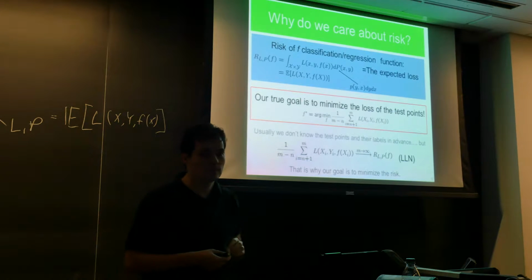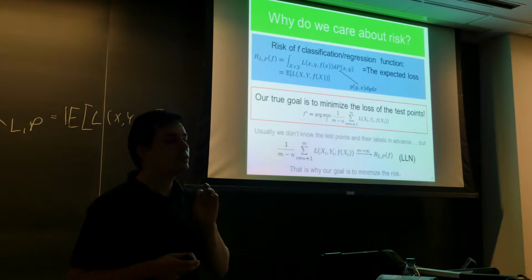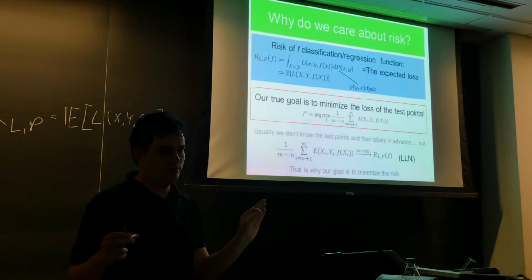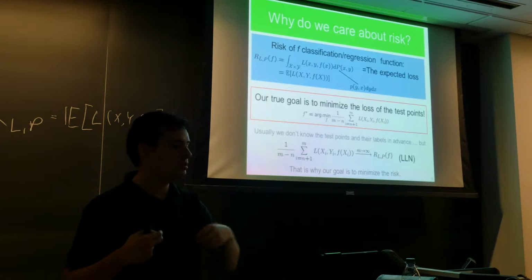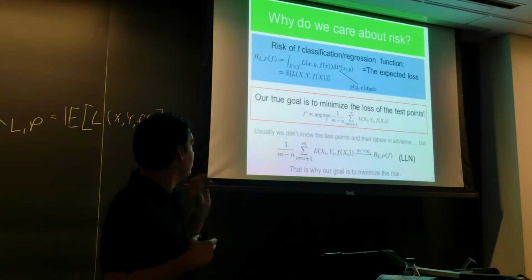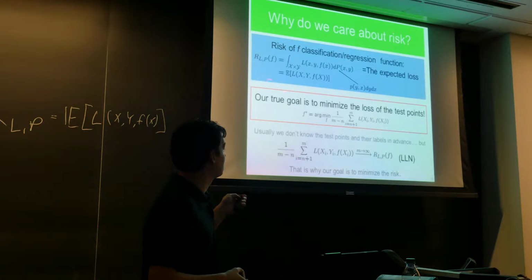So are we assuming here that we learn f from the training data? Okay, so you can define the risk for any function f. I give you a function, this is its risk. So this does not have to be the best one. For any deterministic function, I can calculate this risk, right?